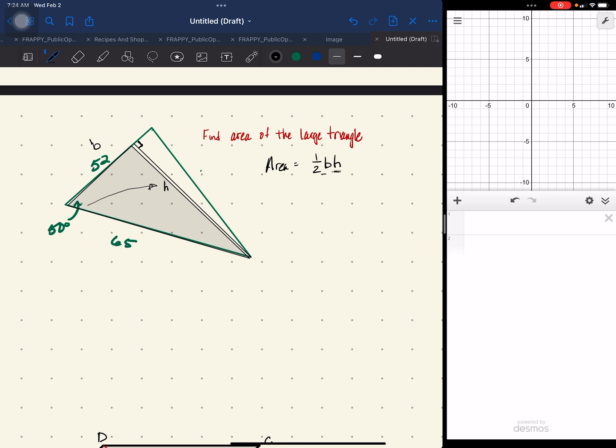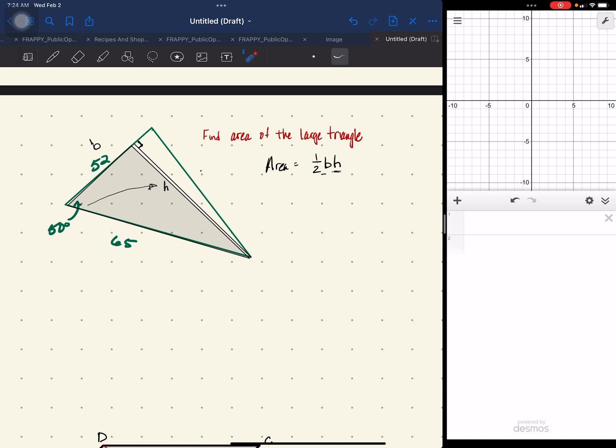If I want to focus on this angle and this right triangle, then to find H, this question mark there, I'm going to use, let's see, it's the opposite of my angle, and then I've got the other leg. So be careful about that. I've got the opposite and the adjacent, not the hypotenuse.